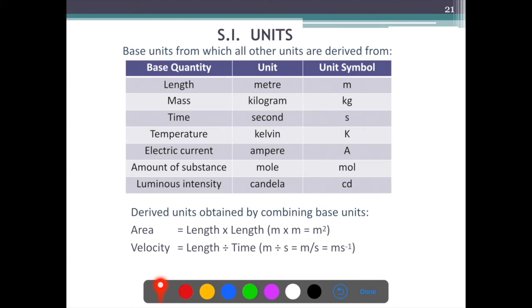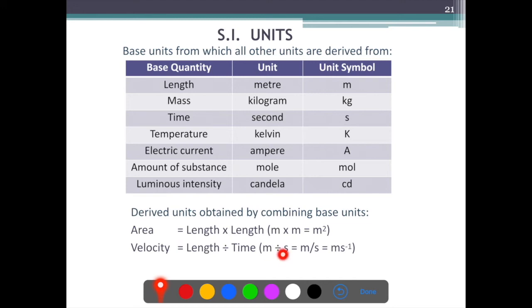Velocity is also a derived unit. Velocity is defined as displacement over time. Displacement is a quantity of length with a unit of meters, and you have time, which has a base unit of seconds. So in deriving the unit for velocity, you simply substitute the unit in the equation.